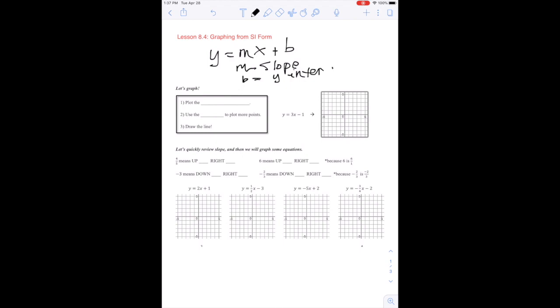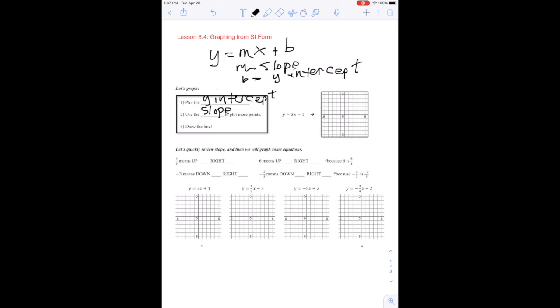Okay, so when I'm going to graph and I'm given a form, these are the steps I'm going to follow. First, I'm going to plot the y-intercept. Remember, that's the vertical line on your graph. And then you're going to use the slope, rise over run, to then plot one more point, and then to draw the line.